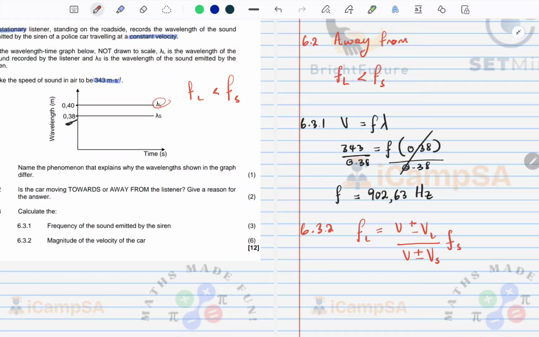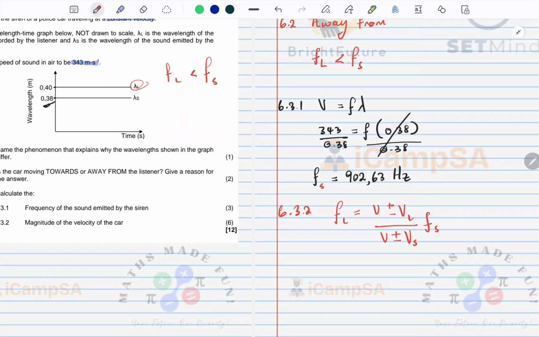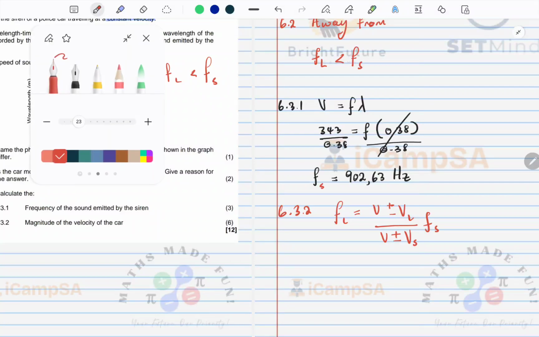Here we've got Fs. We're looking for the velocity, but that means in this case we don't have FL, the frequency of the listener.